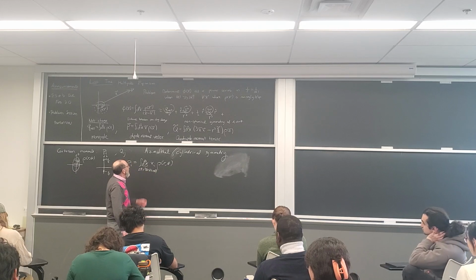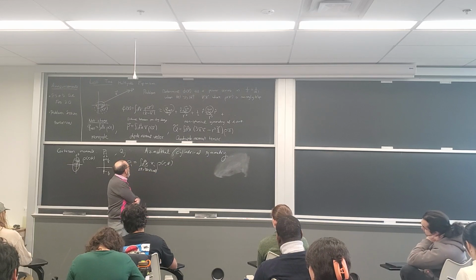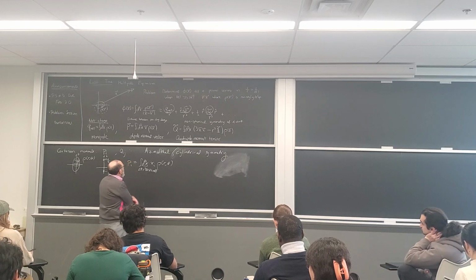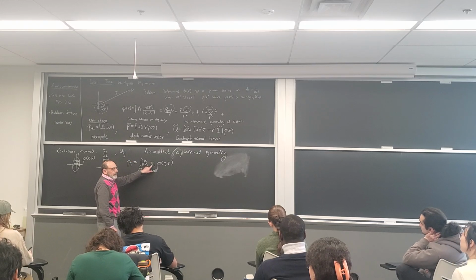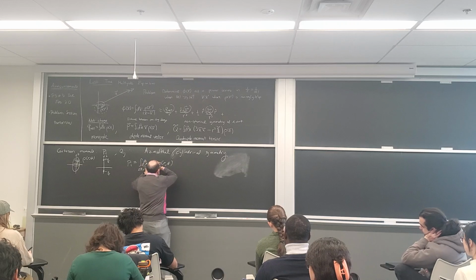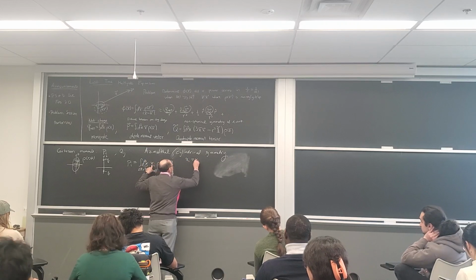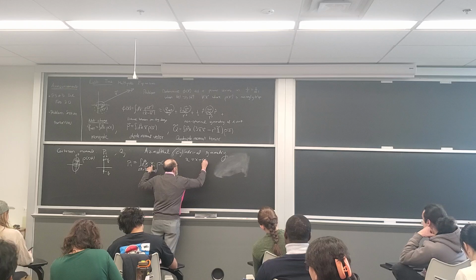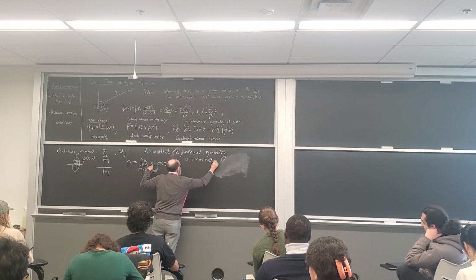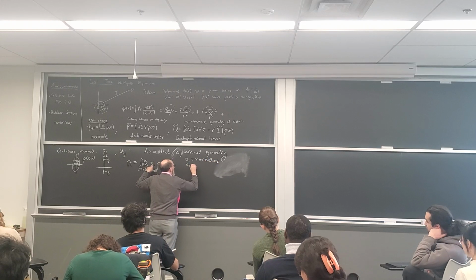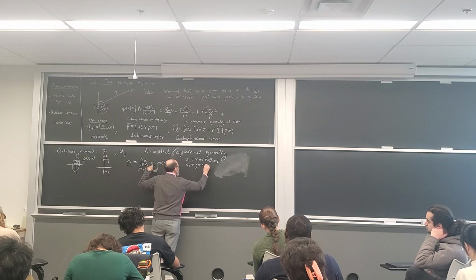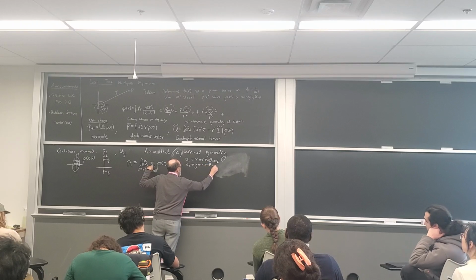Okay, so let's say we had that. What about x? Remember that these are the components: x1 is x, which is r sine theta cos phi. x2 is y, which is r sine theta sine phi.